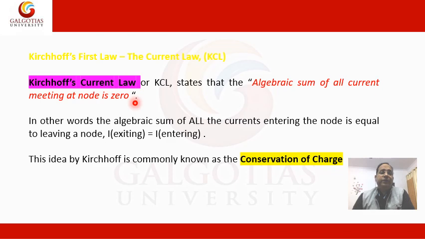In other words, the sum of all the currents entering the node is equal to the sum of currents leaving the node, that is, I entering equals I leaving. This idea is commonly known as the conservation of charge, meaning charge is conserved; it only changes from one form to another.